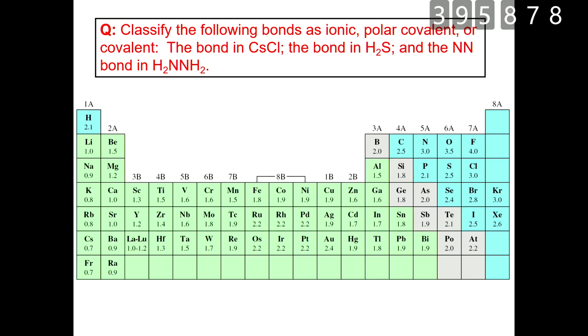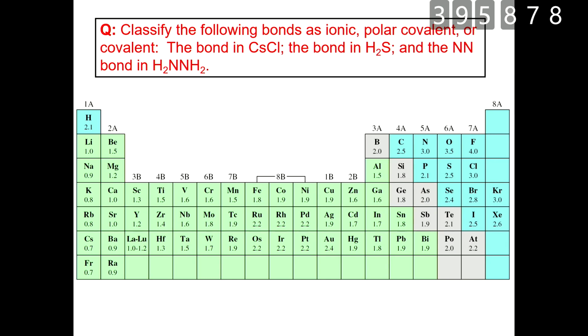So H2S is like H, S, H, and we just discuss the bond between H and S. It doesn't matter whether it's 2 or 3; the 2 doesn't affect the result.